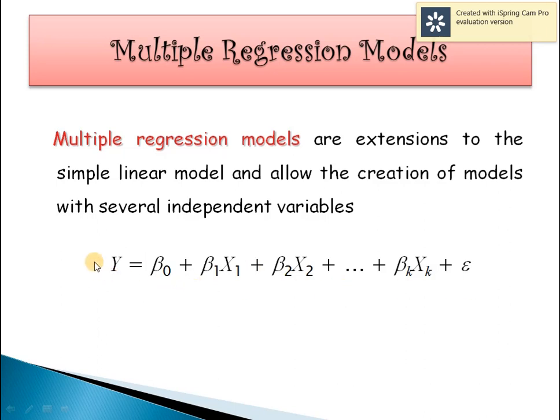So here the general multiple regression model is represented as y is equal to beta naught plus beta 1 x1 plus beta 2 x2 plus, up to however many input variables there are, beta k xk, plus random error epsilon. So this is the general model of the multiple regression model.